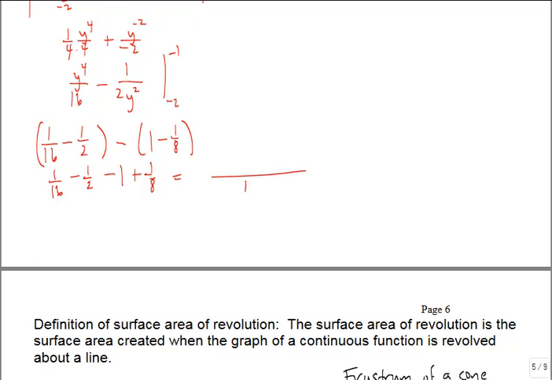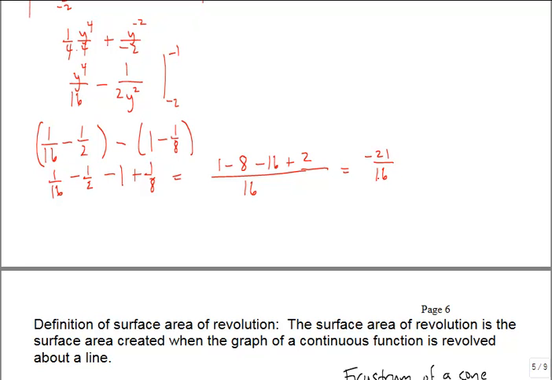Let's just make everything have a denominator of 16. This is a 1. 1/2 is 8/16. 1 is 16/16. And 1/8 is 2/16. So 1 minus 8 is negative 7. Negative 7 minus 16 is negative 23. Negative 23 plus 2 is negative 21/16.